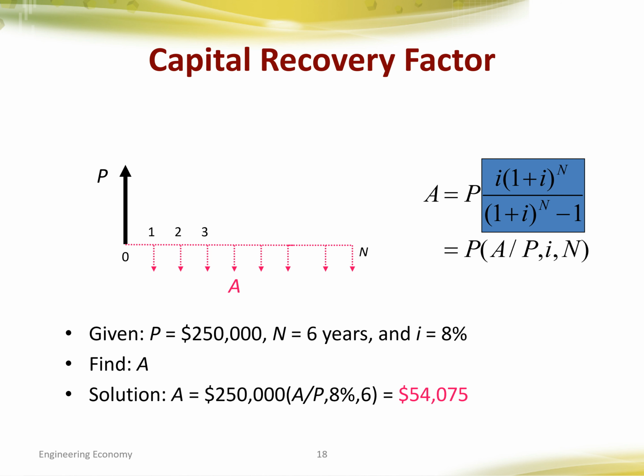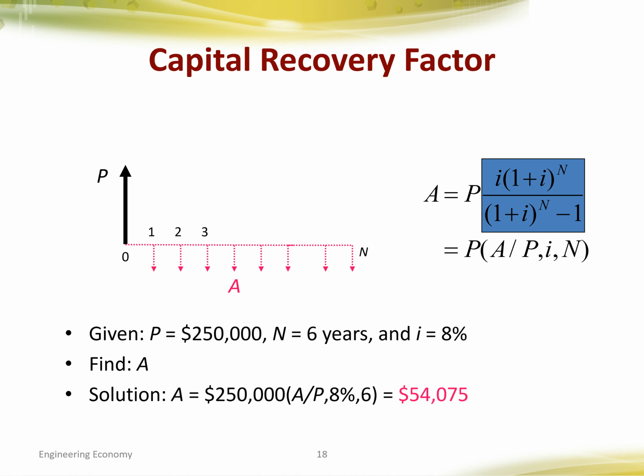Again, plug in I and plug in N, we can compute the value, and we can just use the value. Or instead, we look it up from the appendix on the page of I, and on the column of given P find A, and go down the column to the right end. Then take the number and use it to multiply the present value. Then we can have present value, and we'll compute the equal payment A.